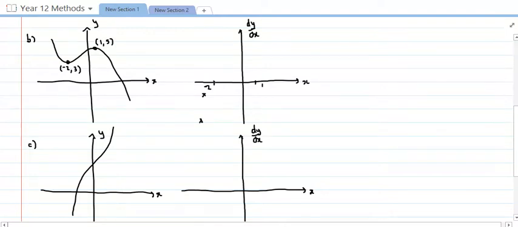So the gradient increases and then it decreases again and we'll go back down here. And then the gradient goes a little bit negative and then it goes more negative and then it goes very negative. So it's going to trace down like that. So lastly, I just try to sketch it as best I can, going roughly through those points. There we are, that was one.